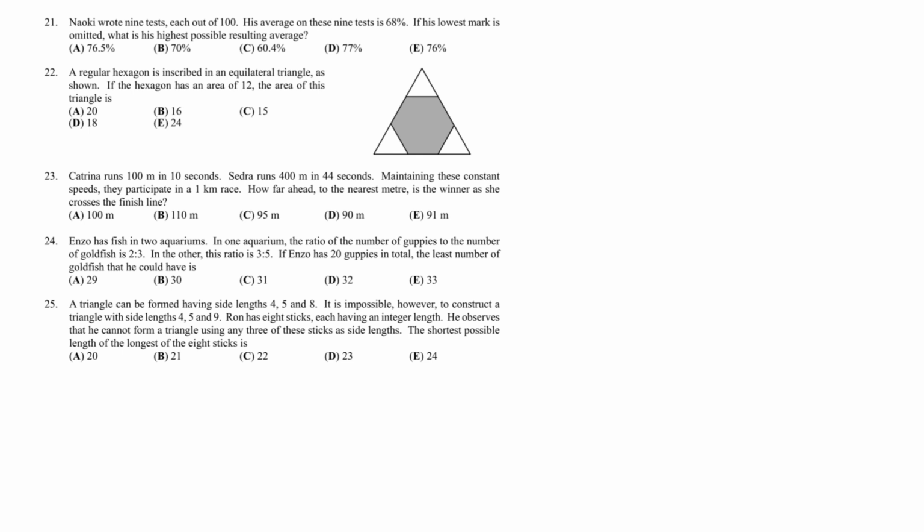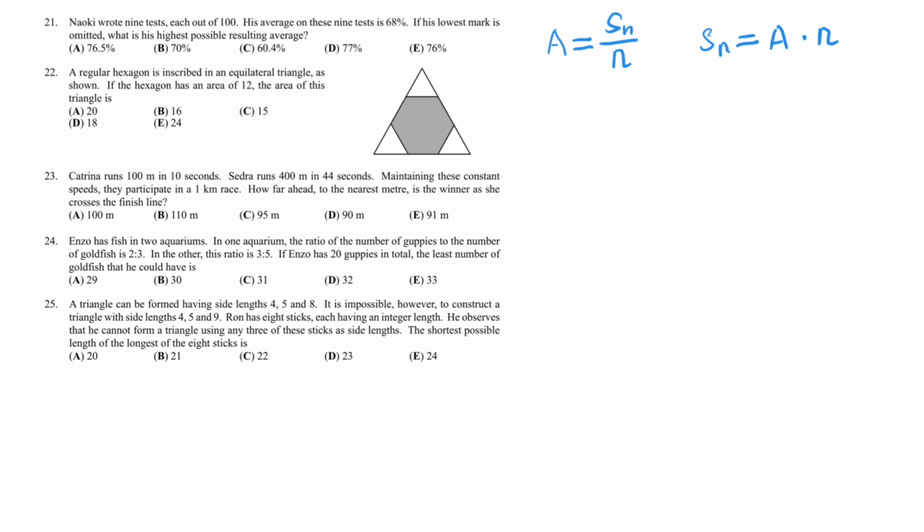So, average is the sum of the numbers divided by the number of numbers. Also, the sum of the numbers equals the average times the number of numbers.